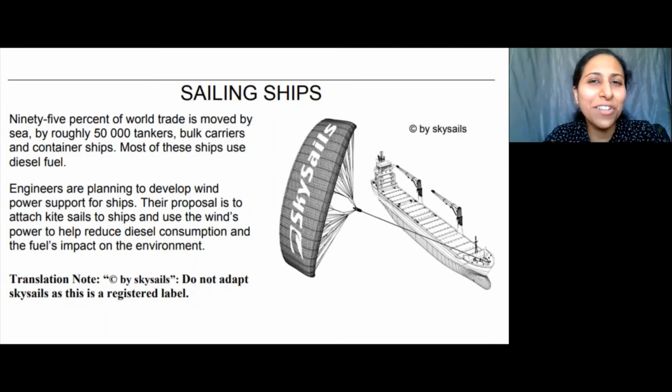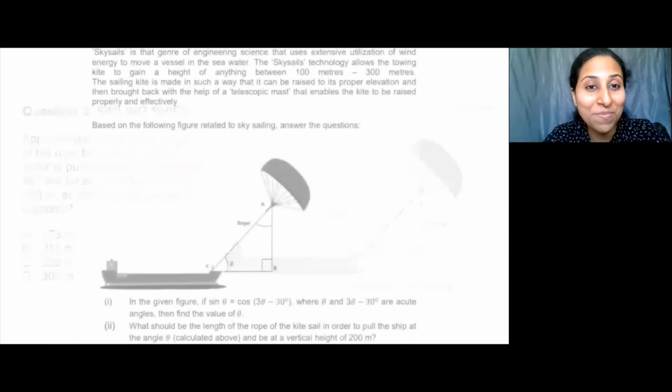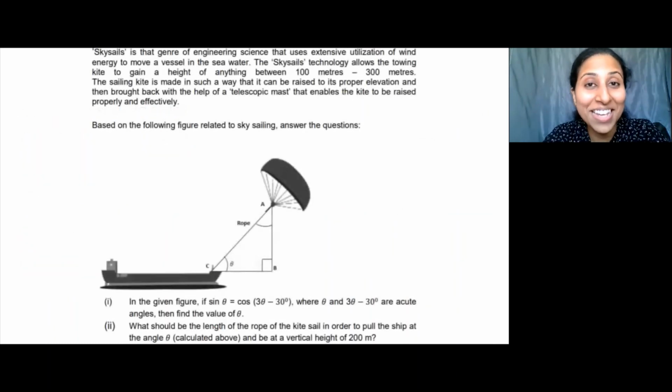So let's have a relook at the questions which we saw earlier. The sailing ships question, as I mentioned, appeared in PISA 2009 and was followed with this particular sub-question. Let's take a look at how this question was modified for the 2020 CBSE sample board paper. Yes, that's right.